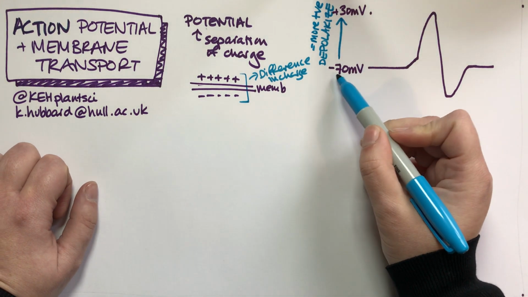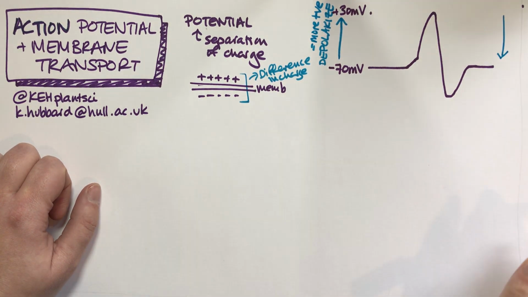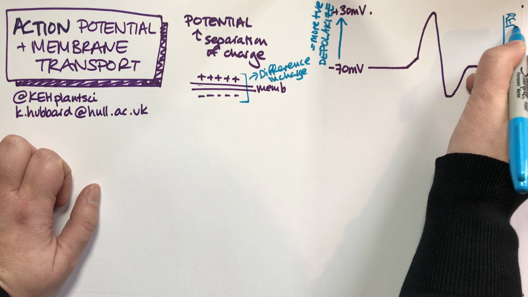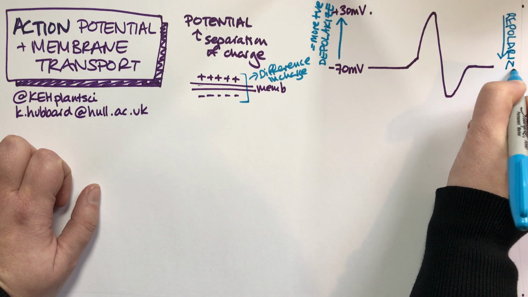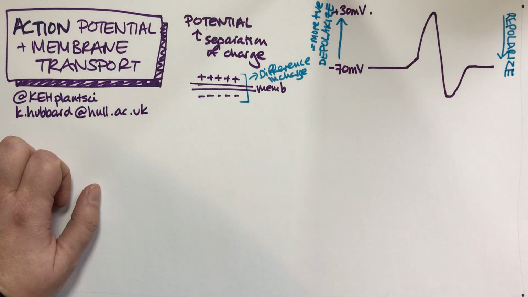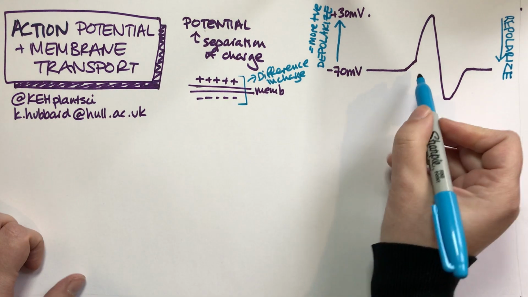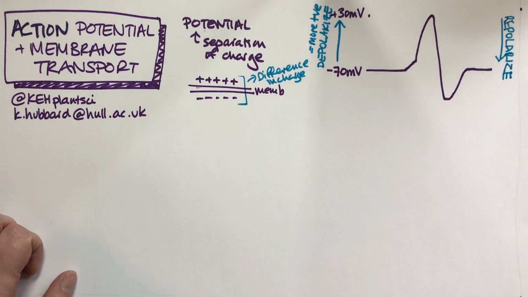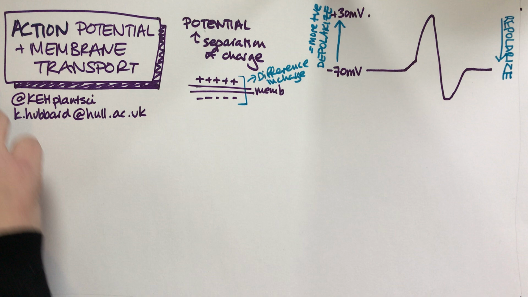We're going from negative things to positive things, and in the other direction, we would repolarize, which would be to become more negative. Okay, so we have this characteristic shape of the voltages across the cell membrane. So what we're going to do is try and understand where those voltages come from and how that relates to the transporters at the membrane.